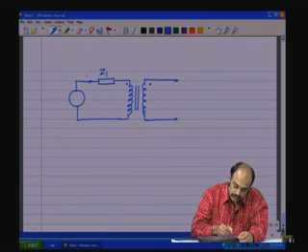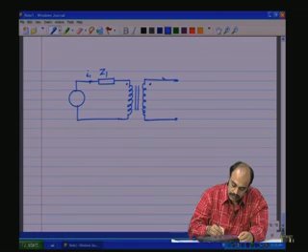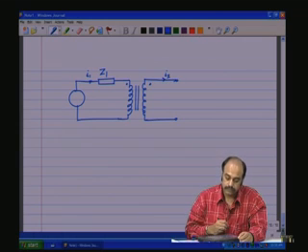There is a current I1 and there is a current I2.